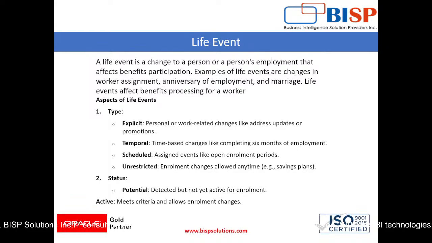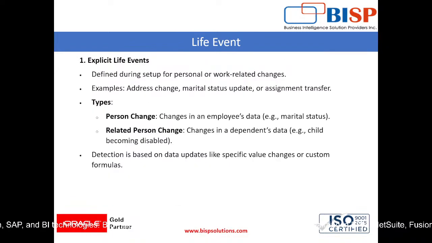Then the status of the life event, whether it is potential, which means it can be detected but not yet active for enrollment, and the second one is active, when it meets the criteria and allows enrollment changes. When you are enrolling into the benefit, you will be able to see these life events.